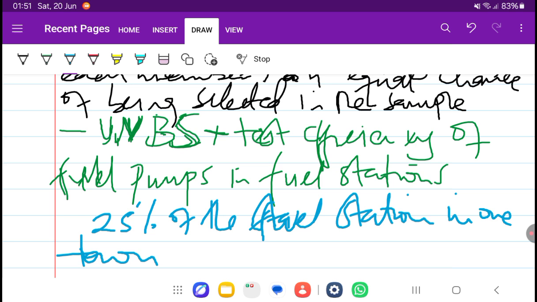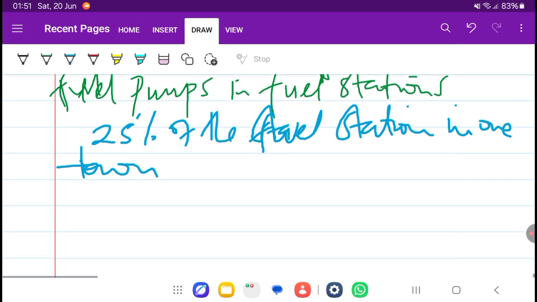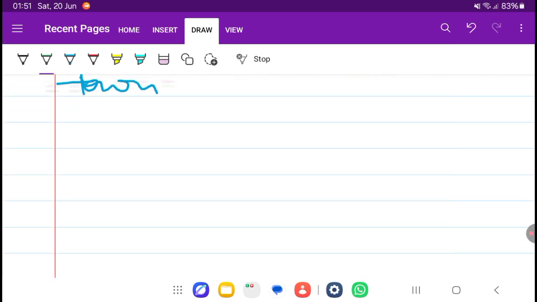The other example we can talk about is auditors. Auditors can sample company invoices.